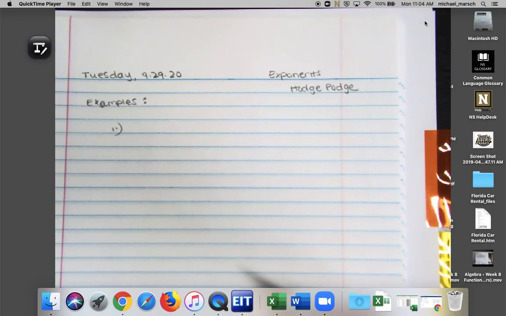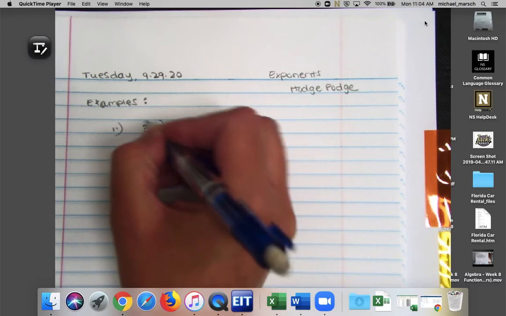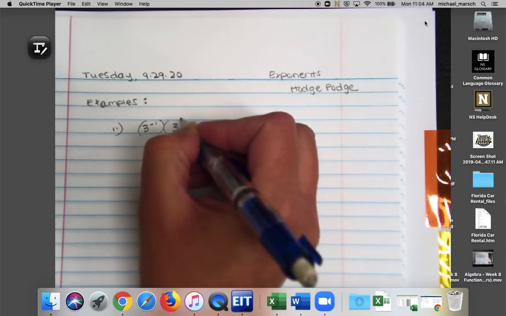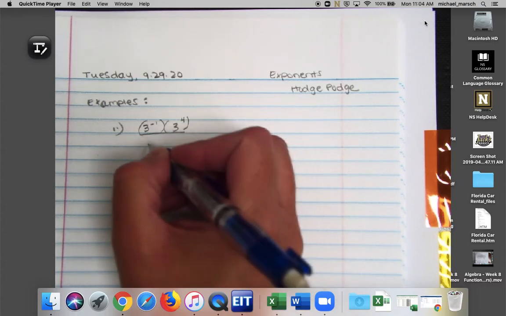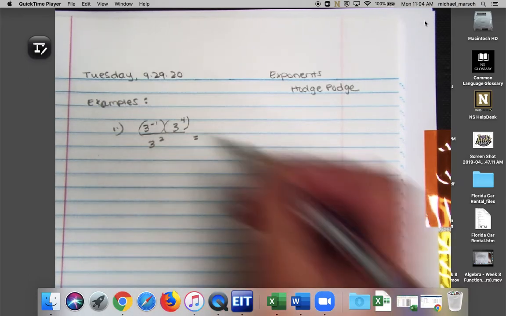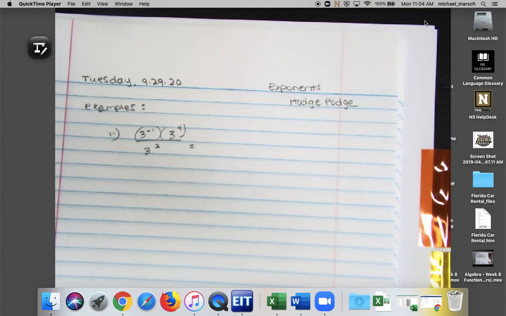If I have... So we've got a couple different things happening here, right? I've got something happening in my numerator.